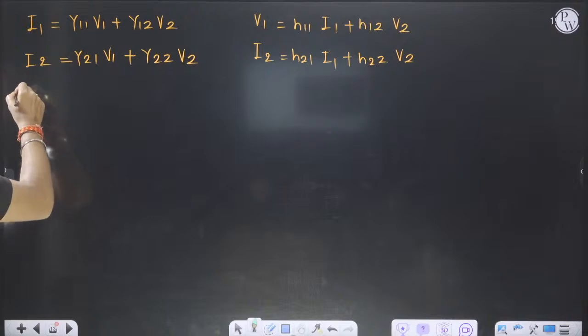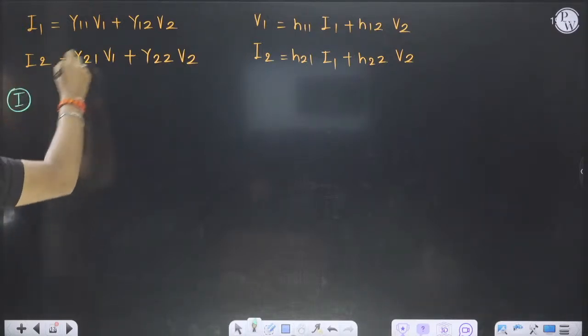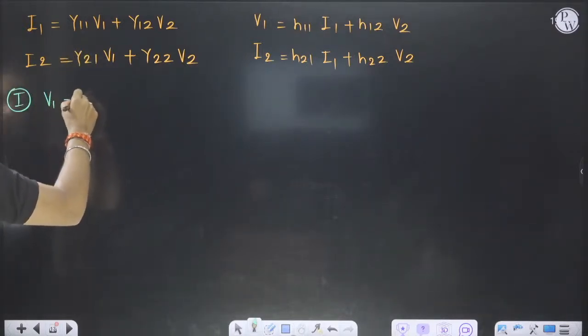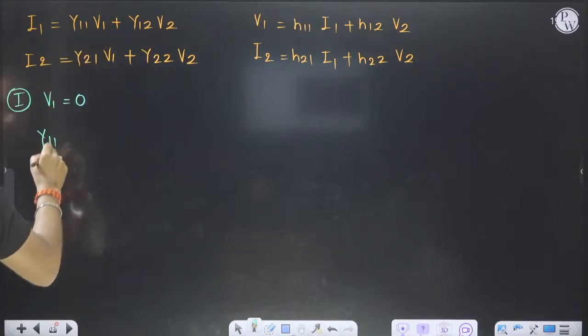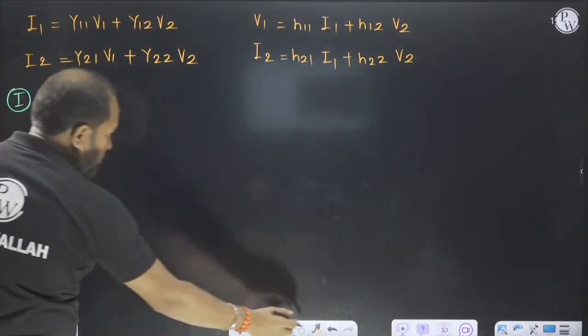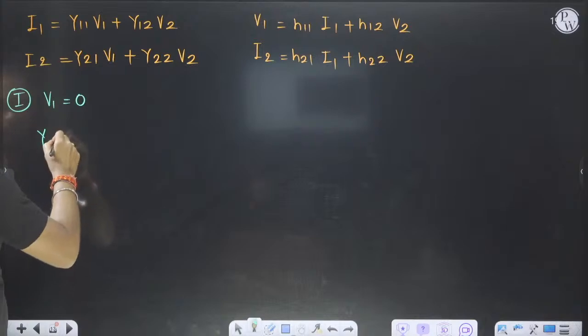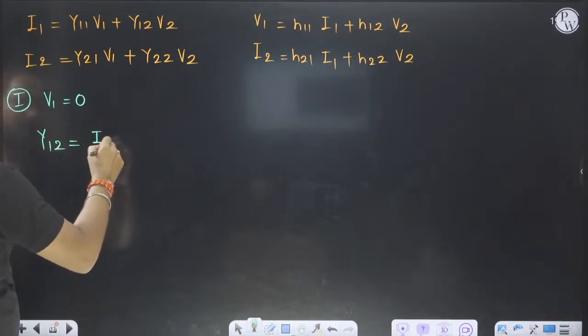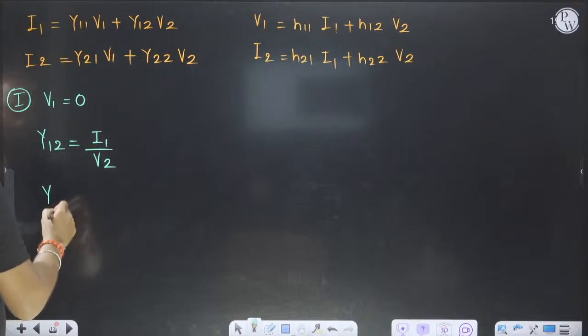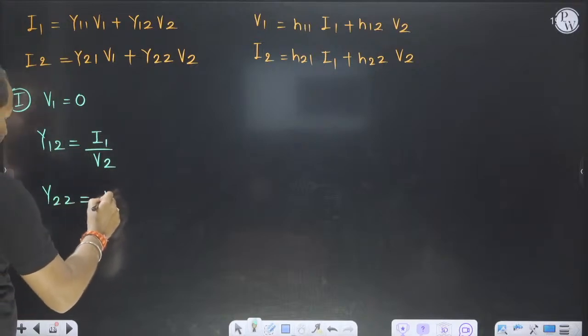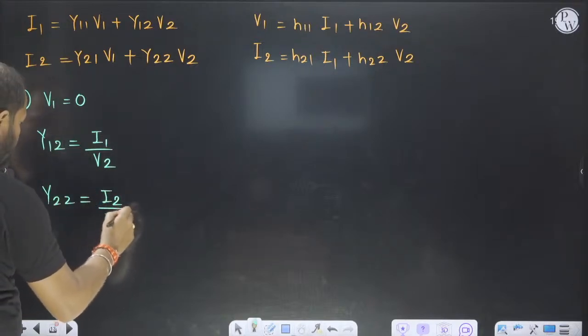First case, I will take V1 equal to 0. Then Y12 is equal to I1 upon V2, and Y22 is I2 upon V2.